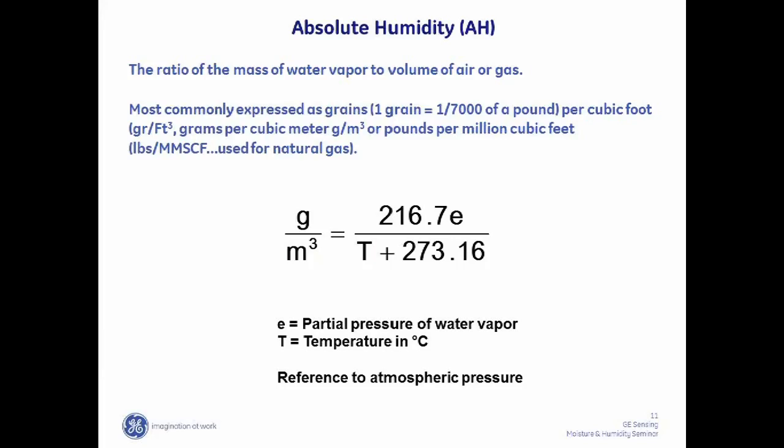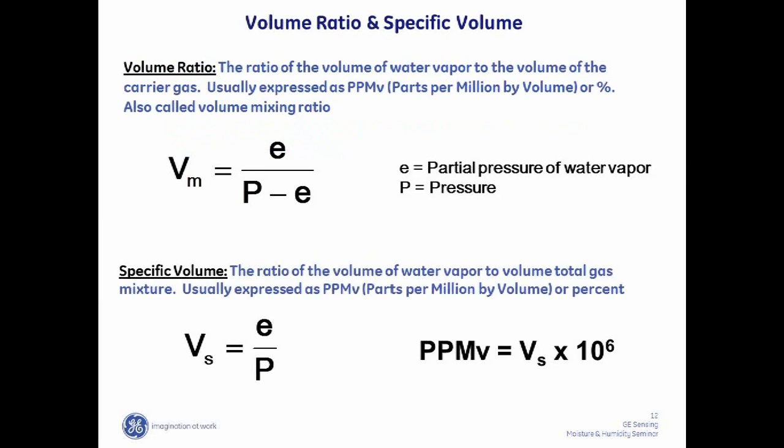Now, very often the amount of water is so small that the two values are very close together at low levels. When we get to part per million type levels, the difference is fairly insignificant. So very often the two terms might be used interchangeably. If we multiply those terms by 1,000,000, that's referred to as parts per million by volume, which is a very common parameter.